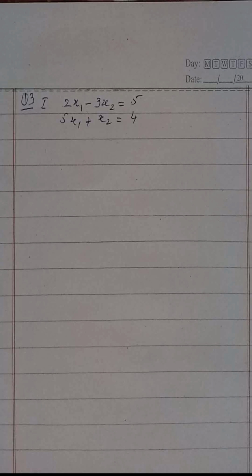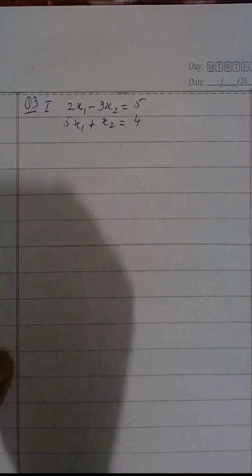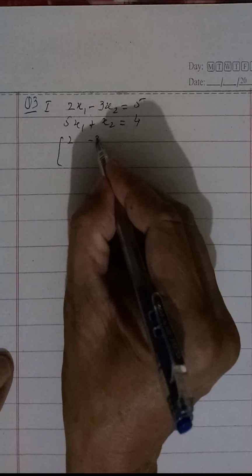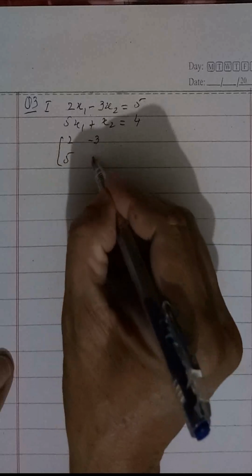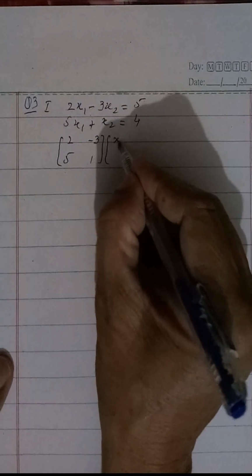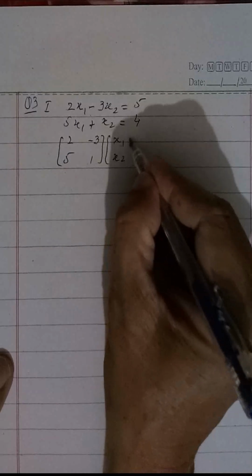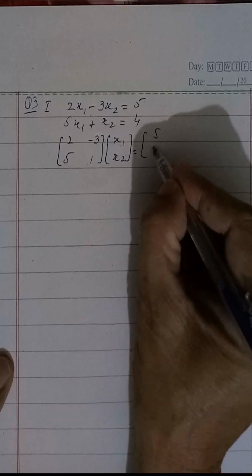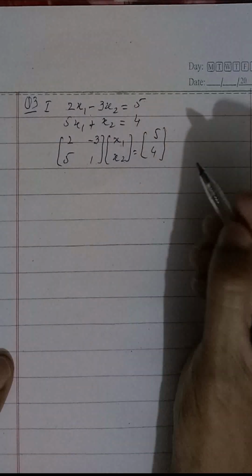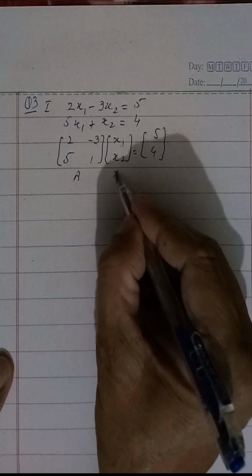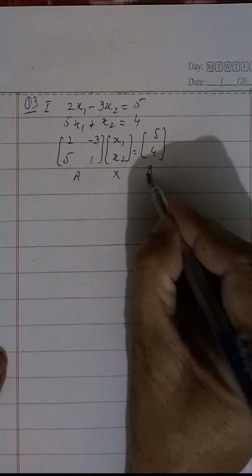Now we show them in the matrix form, which is [2, -3; 5, 1], and the second matrix is [x1; x2], equal to [5; 4]. Here this is the A matrix, X and B.